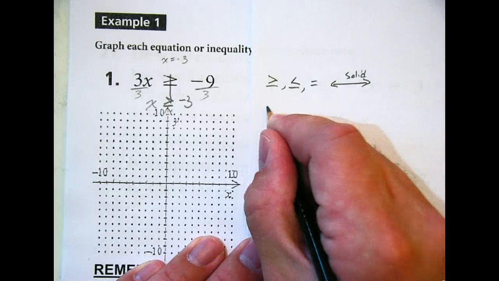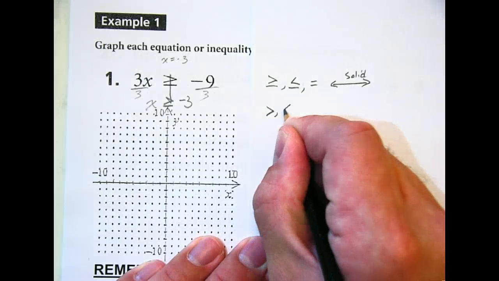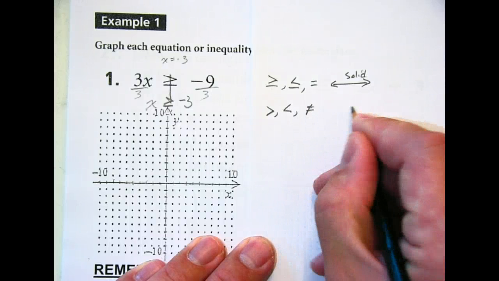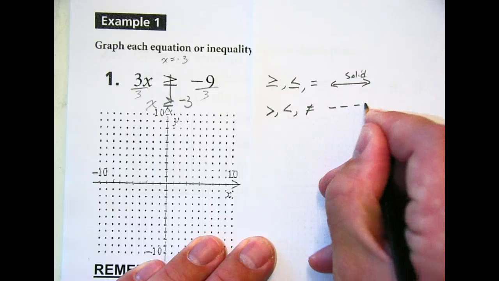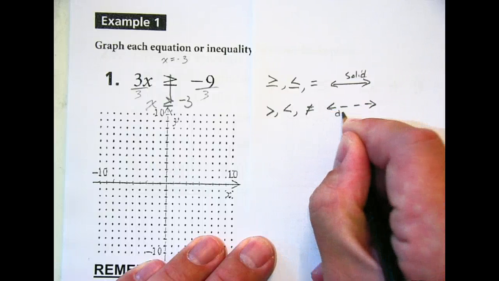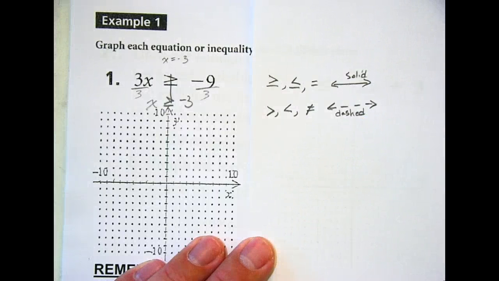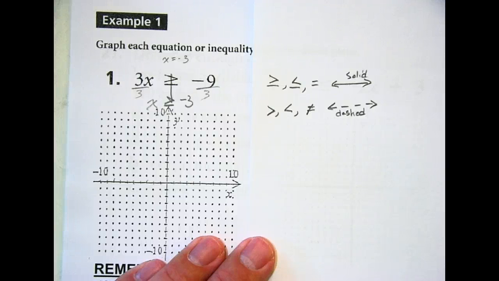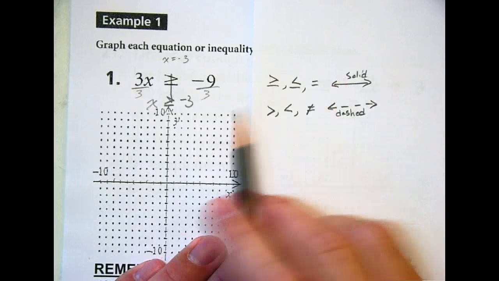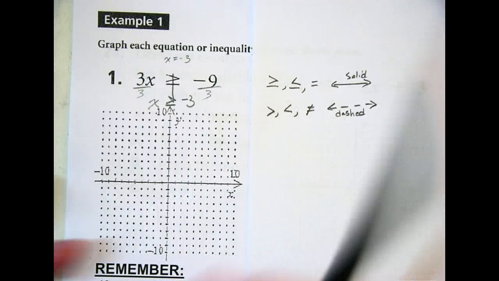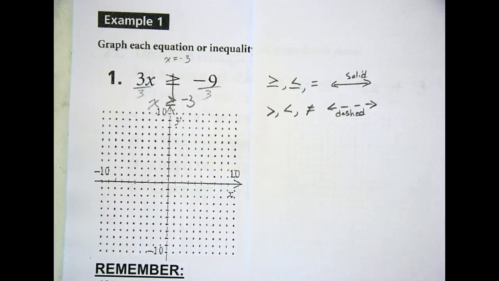These symbols here, those are dashed lines. That means your solution cannot be on that line. Okay, how many remember that? Okay, so remember, when you're finding a solution to an inequality, you're finding a region. You're finding an infinite number of solutions generally.